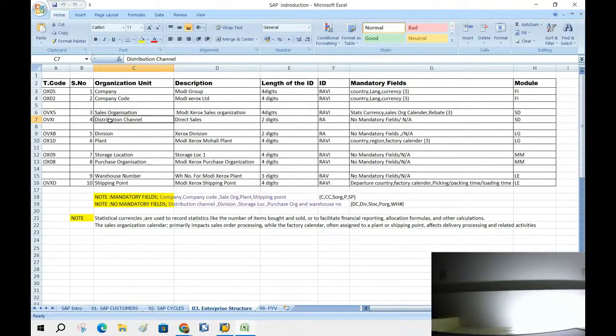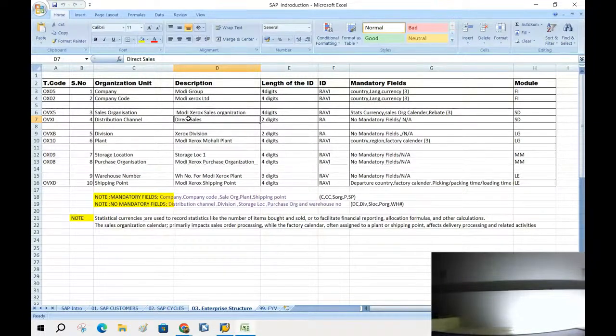Next, they may go for an indirect way of selling, an indirect channel, or they can appoint ABC agency as their distributor to sell the Xerox machine in a particular region. Or they can sell through their official site, and that is called internet sale. Different possible entries for distribution channel: it could be either direct sale, distributor sale, or internet sale.